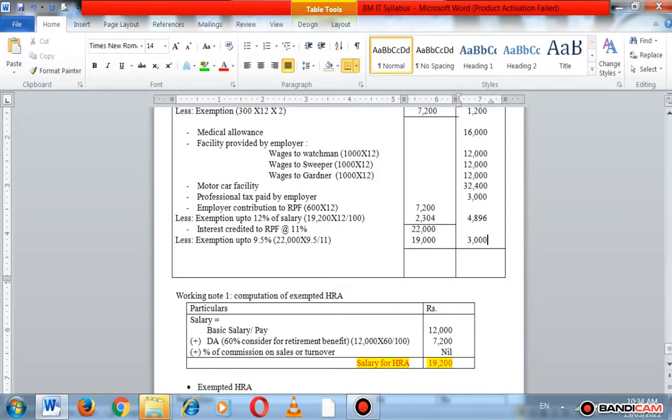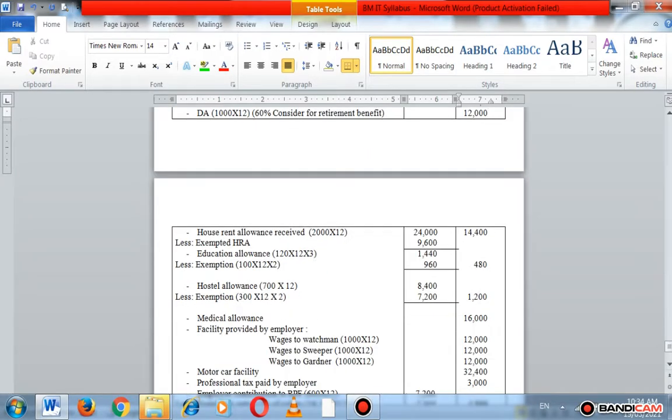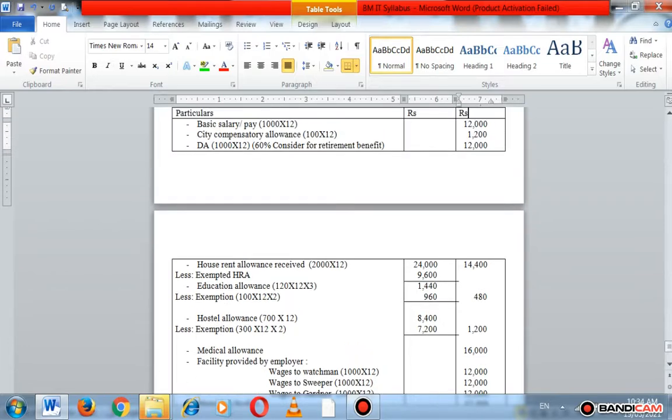Now make the total of the outer column for finding out the gross salary. We took into consideration the inner column amounts.